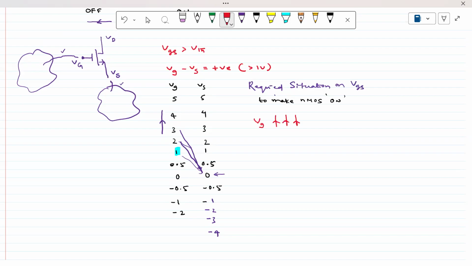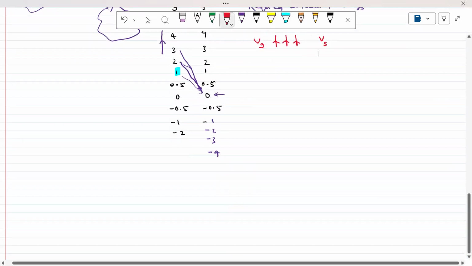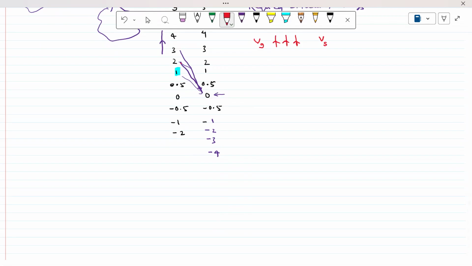What about the VS now? What can you expect? Whatever value you take, for example, 1 minus of minus 0.5.